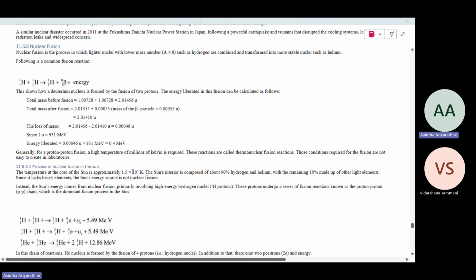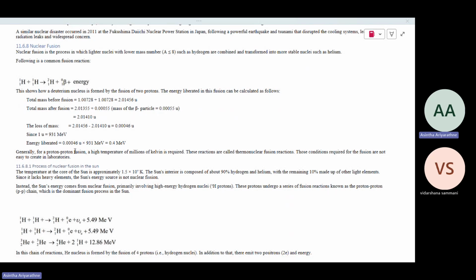And here the energy liberation is calculated in the same manner as we did before.